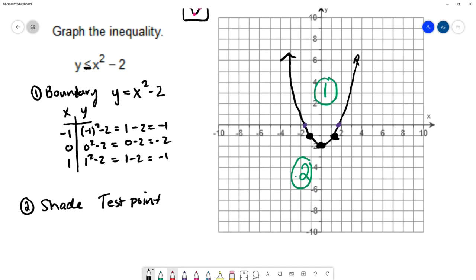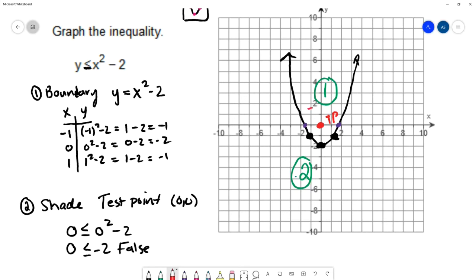And most people like to choose 0, 0 as the test point because it makes for really easy simplification. And you substitute that into your inequality. 0 is less than or equal to 0 squared minus 2. 0 is less than or equal to -2 is a statement that is false. 0 is not less than -2.